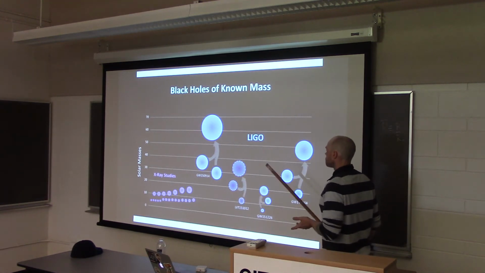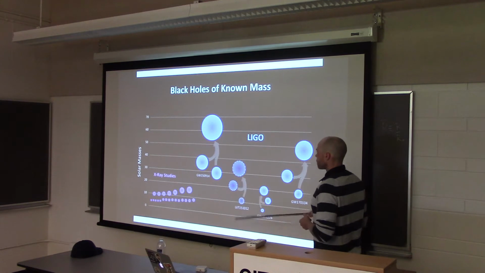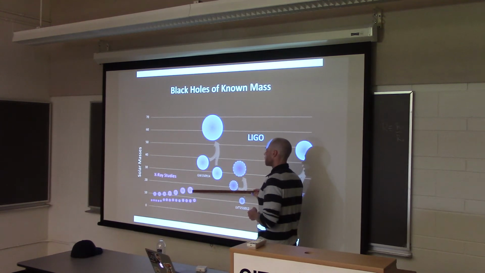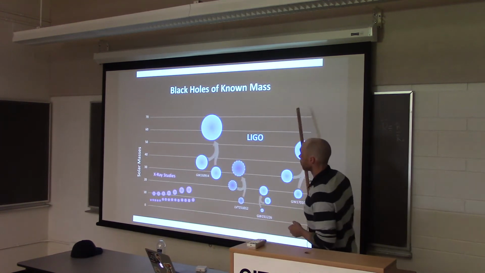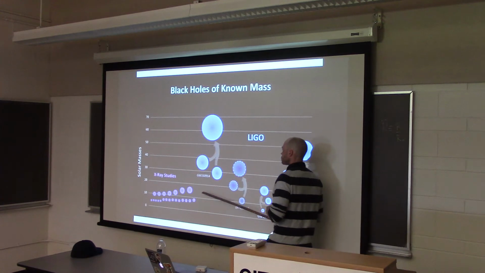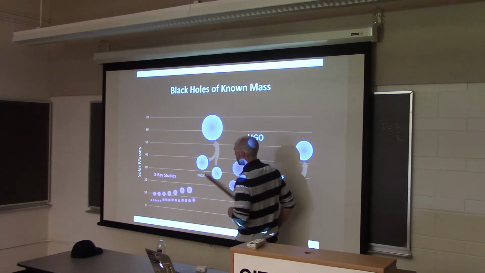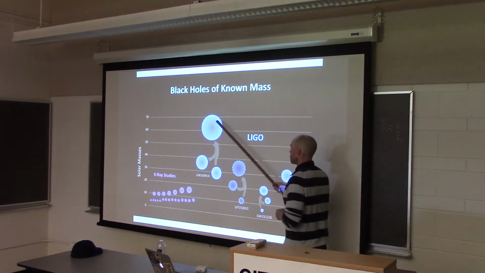There are some biases here, obviously. For example, in order to detect a black hole in a binary star system, you need it to have a luminous companion, at least before LIGO turned on. So these black holes all had to have a stellar companion, and that pushes the mass of the companion down relative to the masses of some of these black holes.